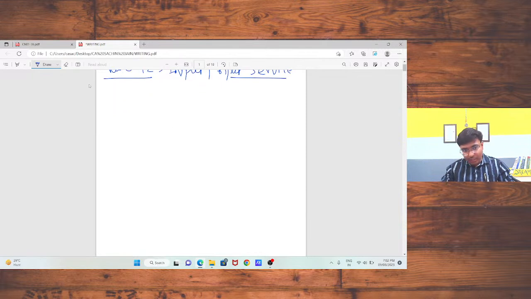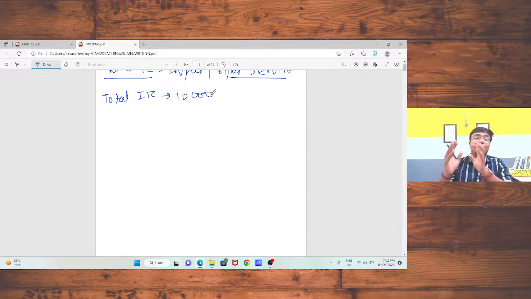Now for rule number 42, just take an example. Total input tax credit available in your GSTR 2B is 10,000 rupees. That means you are eligible to take the input tax credit, that is, the eligible input tax credit showing in your GSTR 2B is 10,000 rupees.